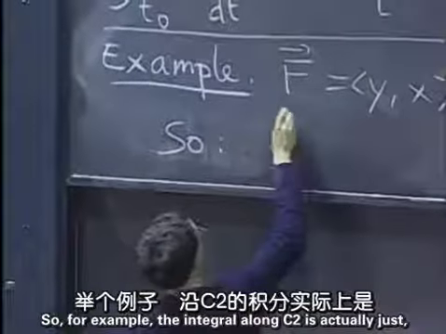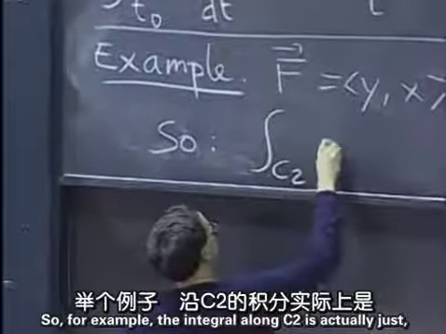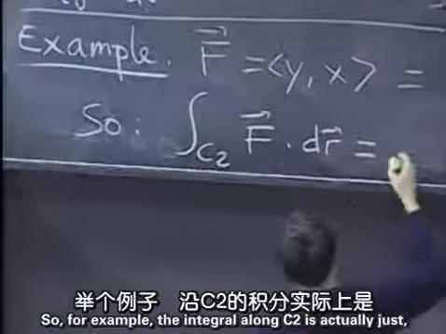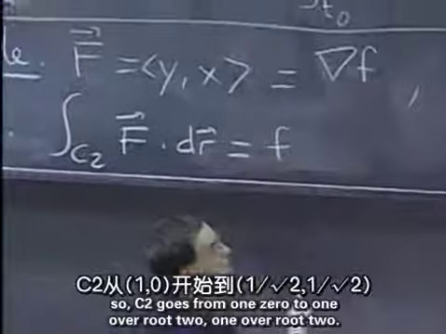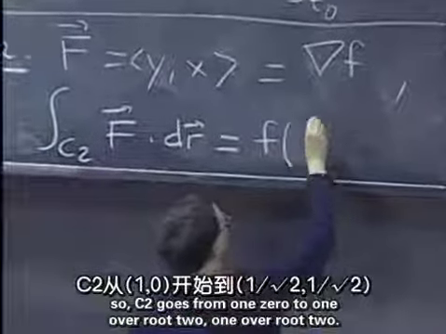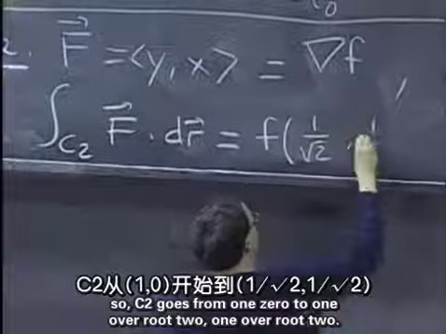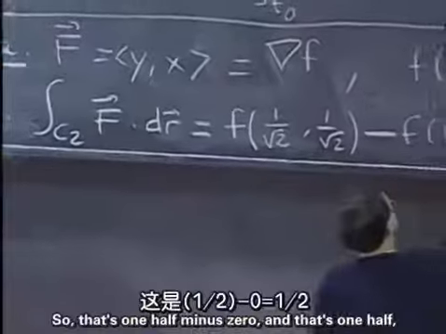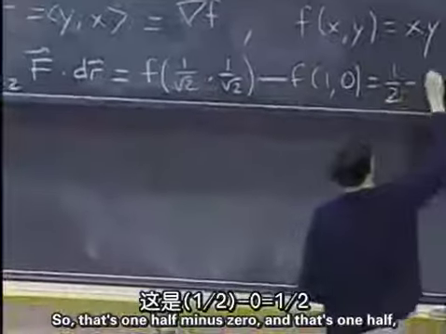So for example, the integral along C2 is actually just, so C2 goes from 1, 0 to 1 over root 2, 1 over root 2. So that's 1/2 minus 0, and that's 1/2.